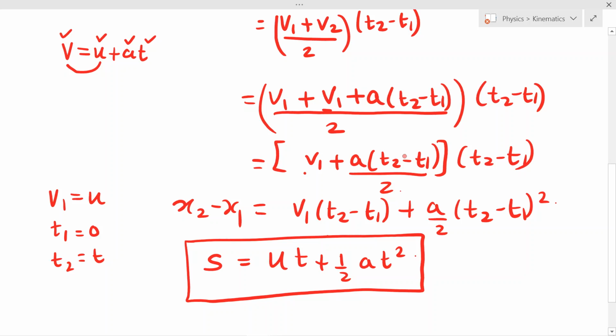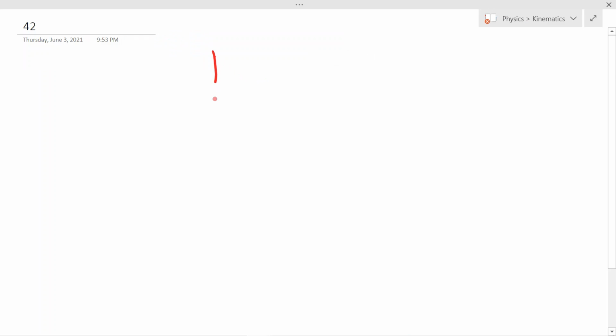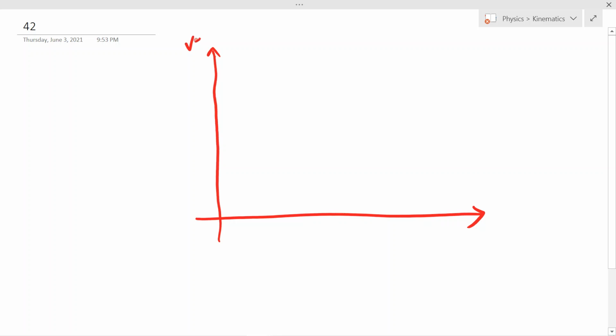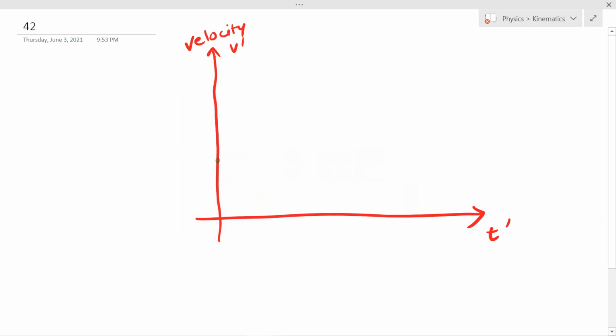Now we can prove this result graphically also. Let's see how. Consider this graph of velocity v dash versus time t dash. Let me use a different color here, let's say green. Let's say at time instant t dash is equal to 0, the velocity is u, and let's say it performs a uniformly accelerated motion, so that is a constant acceleration.